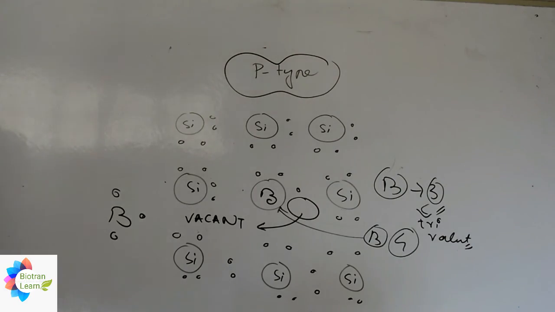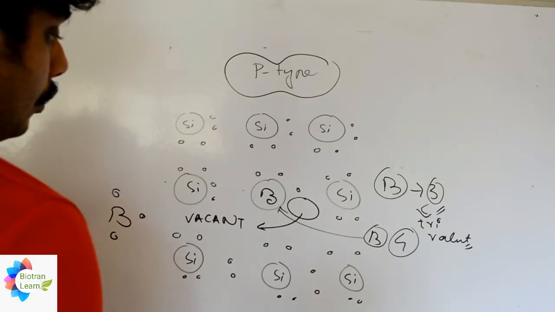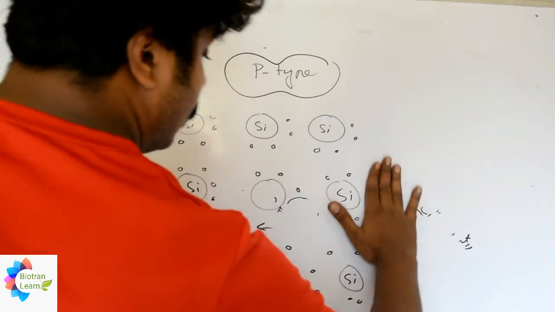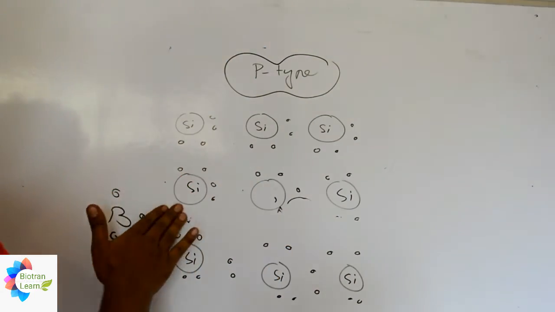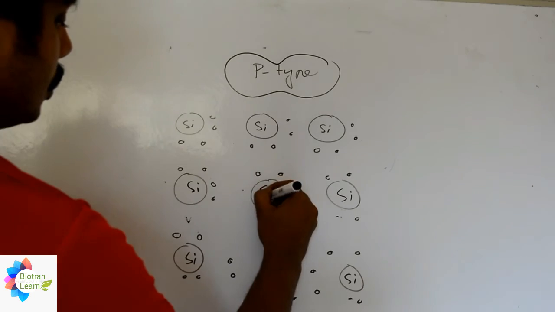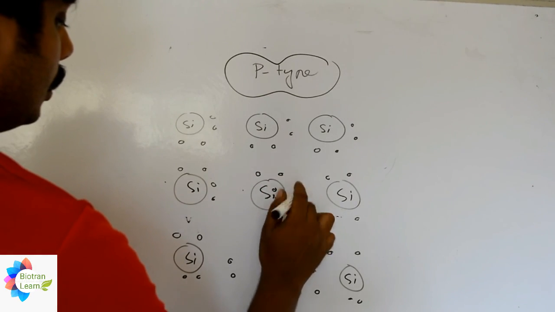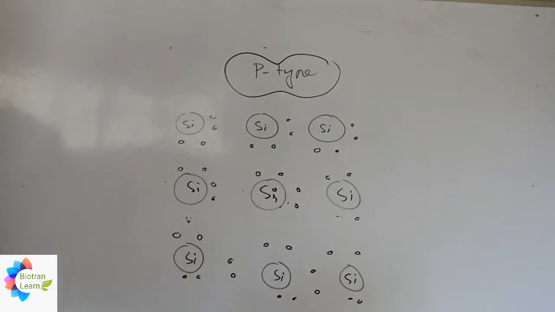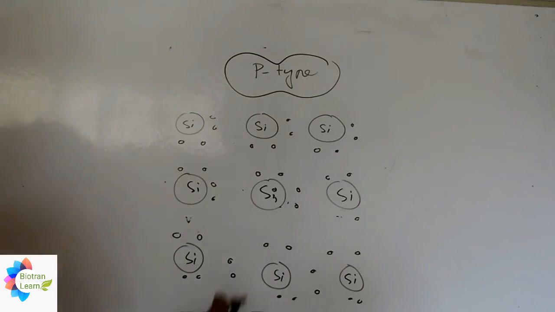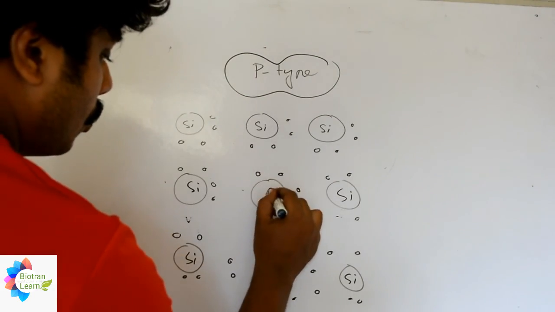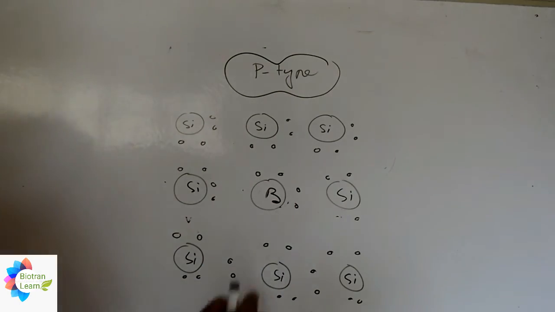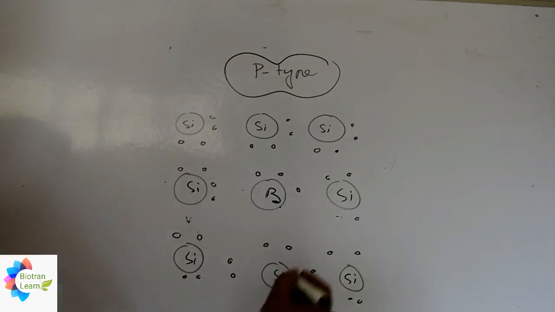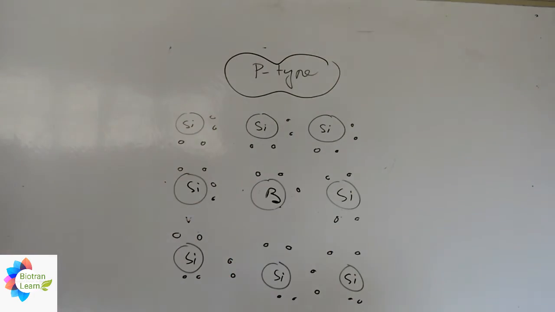I am repeating again. Suppose this was silicon. So 1, 2, 3, 4, 5, 6, 7, 8: 8 electrons were there. But if I introduce boron in this particular section, an electron in this section will decrease.